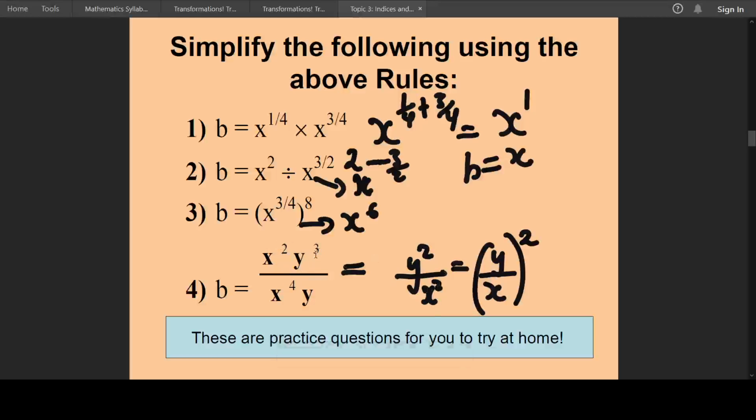Then y, you go on to y cubed and y to the 1. y to the 1 divided by y cubed, so it will be 1 minus 3, you get y squared. So y squared, x squared, that's how we write the final answer. Since the power is common, you put all in brackets, y over x, then you put this common power 2 because it's found on the numerator and the denominator.